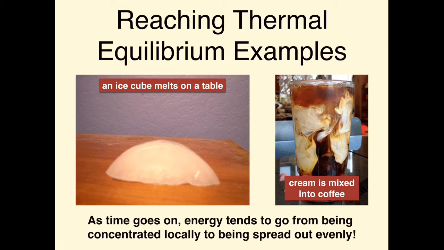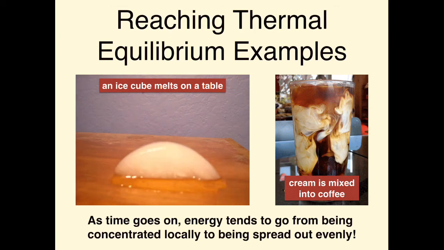Okay, so let's take a look at a couple examples of a system that reaches thermal equilibrium, and let's see if we can understand conceptually what's going on in each case. So let's start with this. Imagine an ice cube left out on a table that melts and just turns into a puddle of water like this. So we know that the basic idea is that over time, energy goes from being concentrated to being spread out evenly.